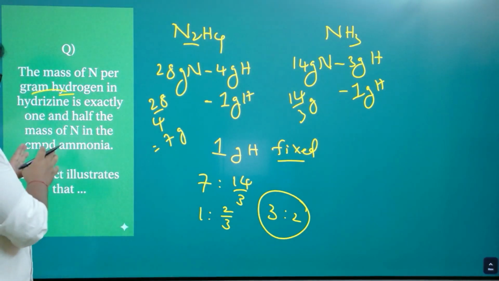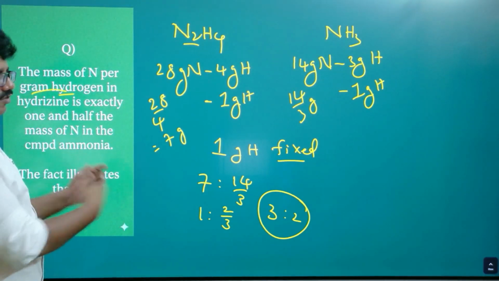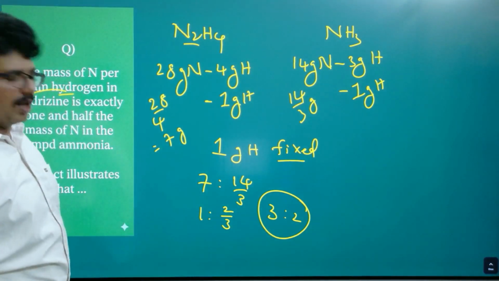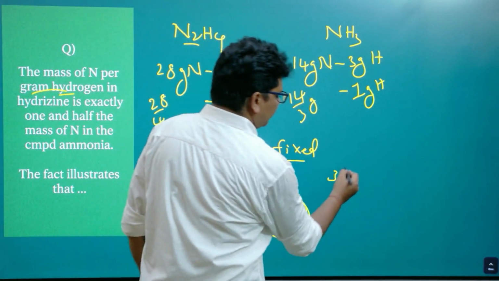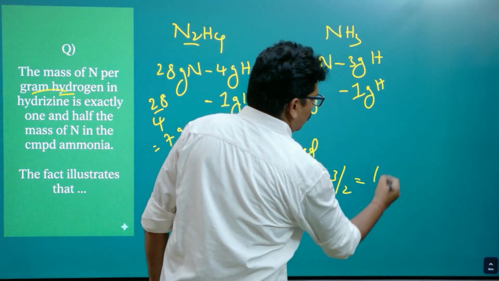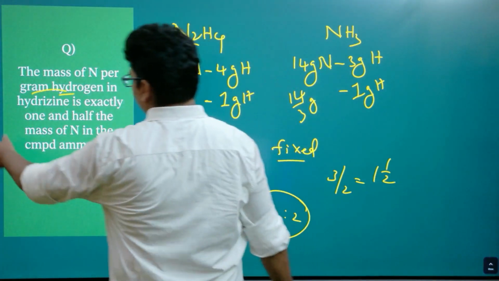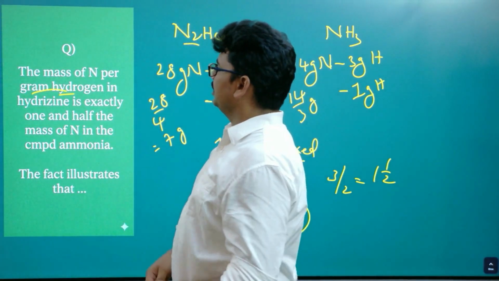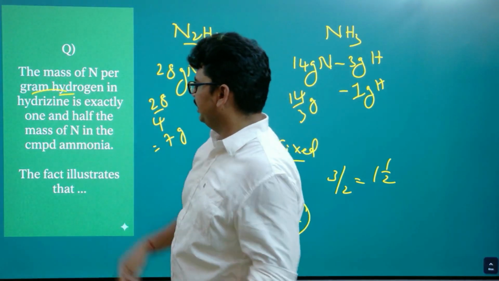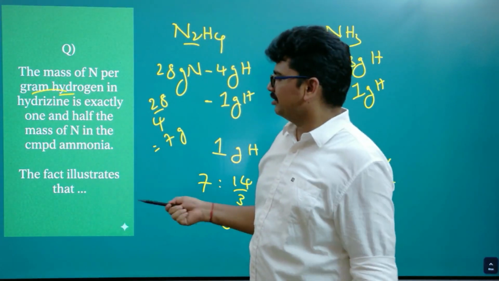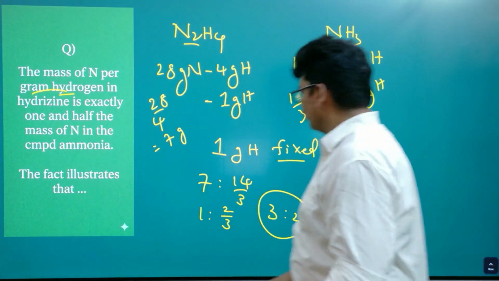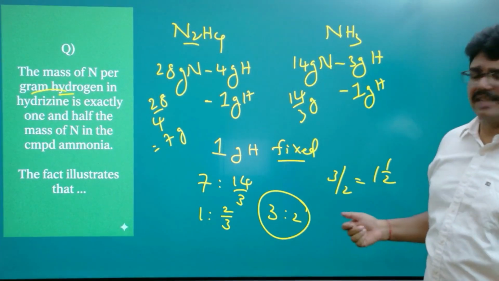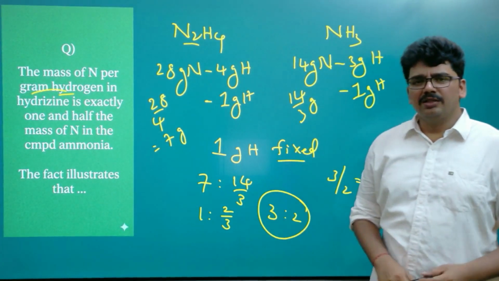So this problem is following the law of multiple proportion. So 3:2 means 3 by 2, which means 1.5. So the mass of nitrogen in hydrazine per 1 gram of hydrogen is 1.5 times the mass of nitrogen in the compound ammonia. Whatever it is, the given data is satisfying the law of multiple proportion.